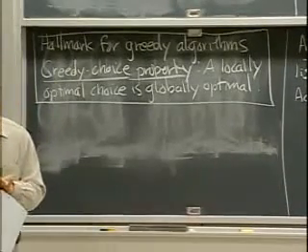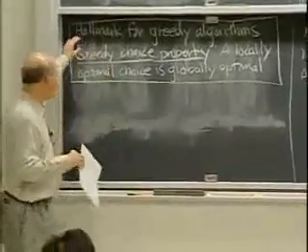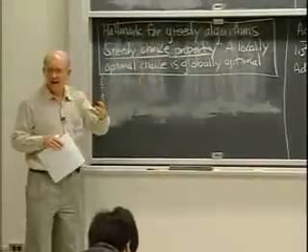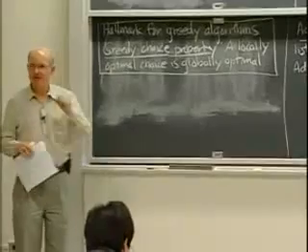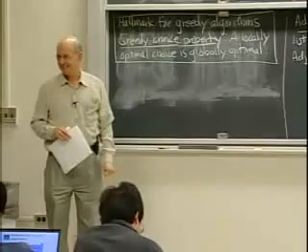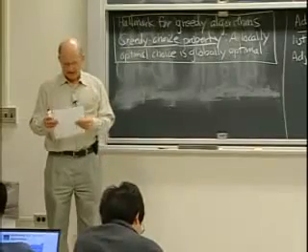So we have this property that we call the greedy choice property. I'm going to show you how it works in this case. And when you have a greedy choice property, it turns out you can do even better than dynamic programming. Okay?